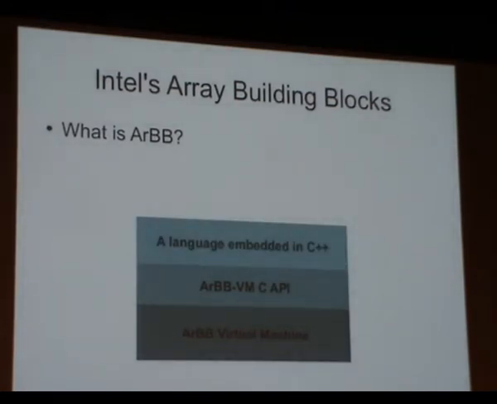With ArBB as you get it when you download it from Intel's website, you get a language embedded in C++ that sits on top of the C API. And this is the part that I've switched out in my work.